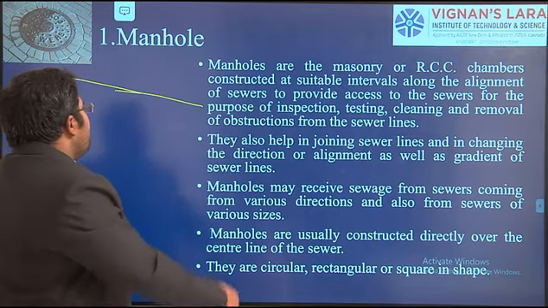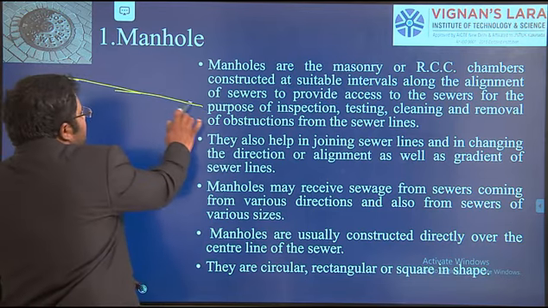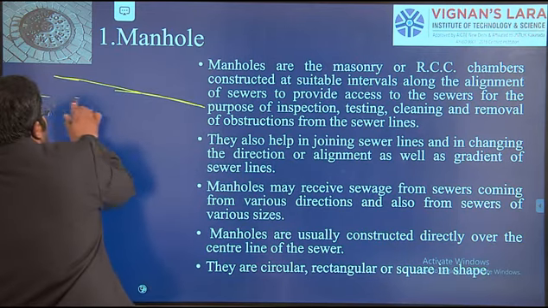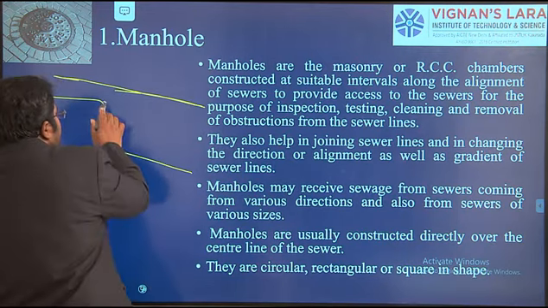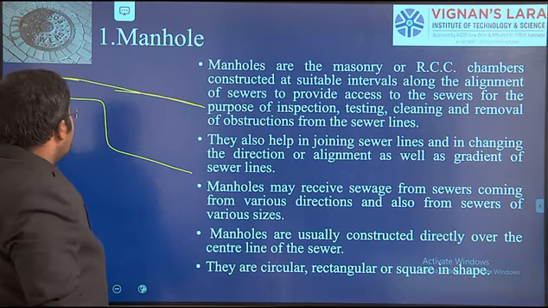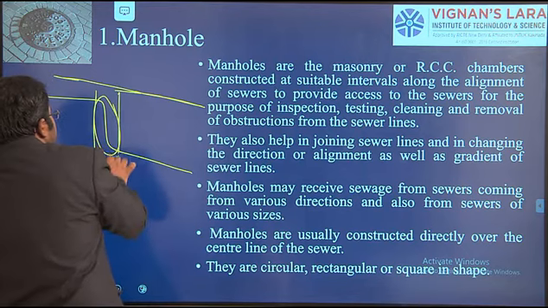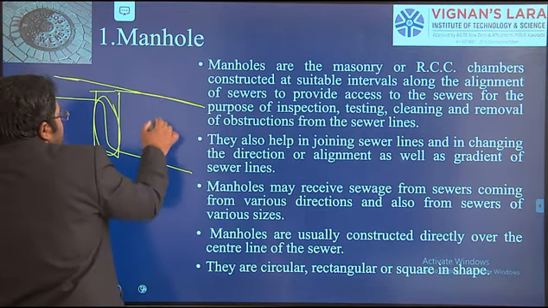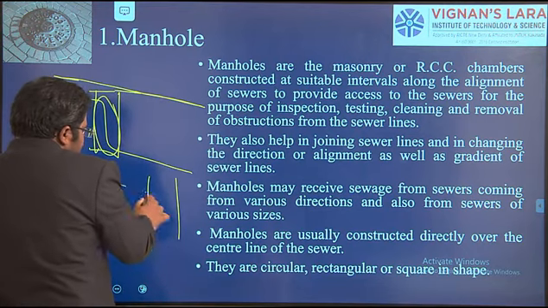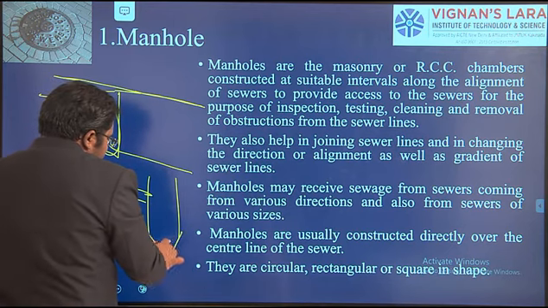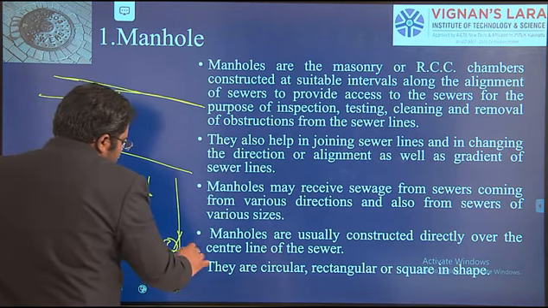In some areas, instead of a slope, the gradient may have a drop. In this case, we have to construct a manhole so that the water may enter here and fall, and it will join with another sewer and move on.